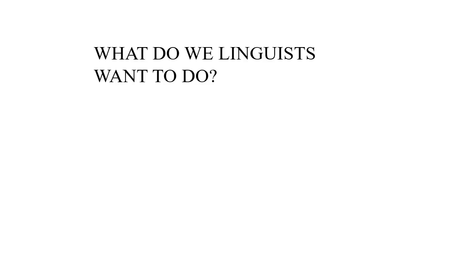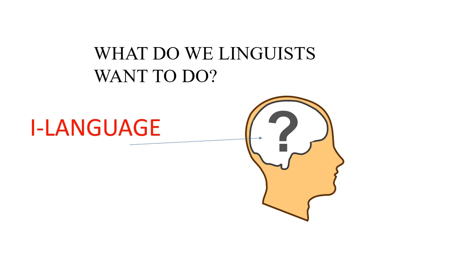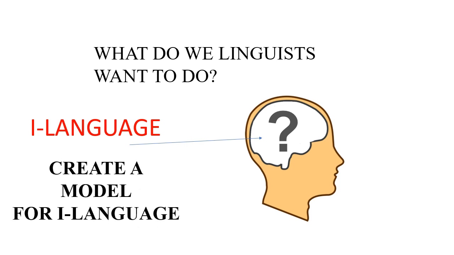Now, what do we linguists want to do with these two languages? So we said that we have an E-language and an I-language. Now, what do we linguists want to study as our object of scientific inquiry? Actually, what we want to do is we want to create a model for the I-language.